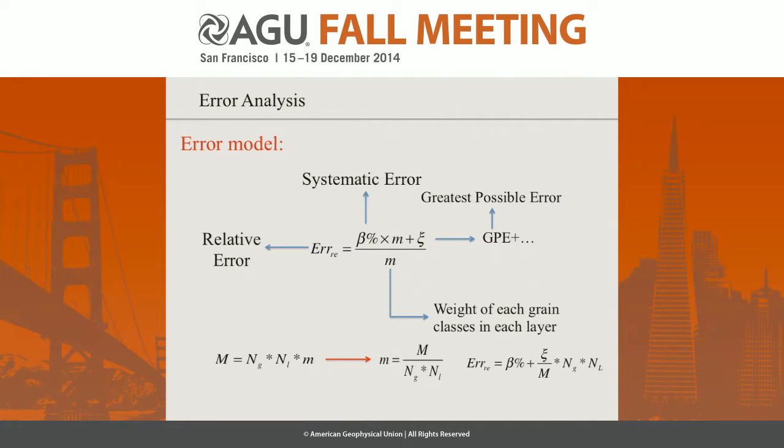For this test case, we measure the weight grain size distribution, which is based on the total weight of your sample, the number of grain size classes you divide, and the number of sediment layers you separate in your sample.